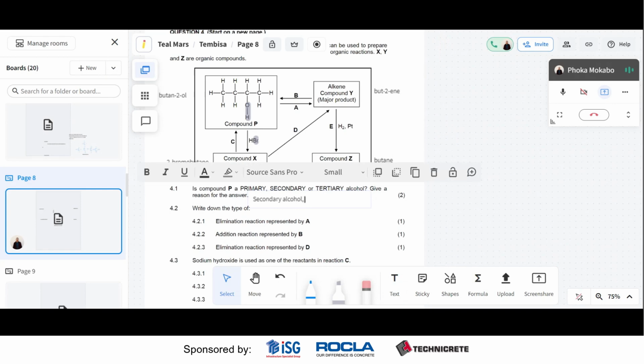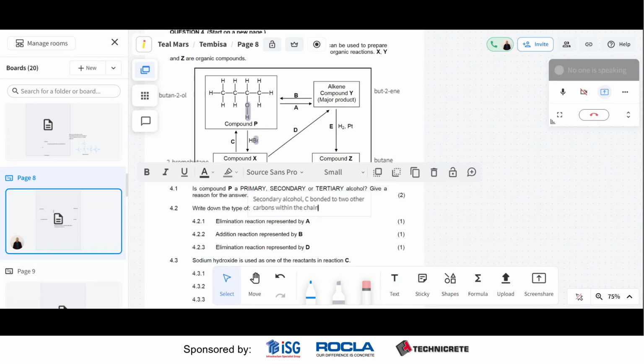And the reason for that is our carbon is bonded to two other carbons within the chain.